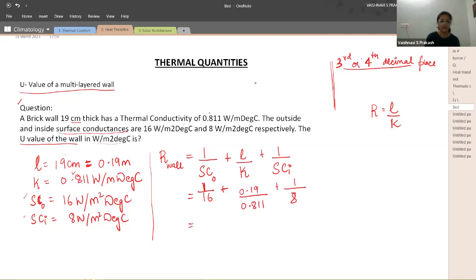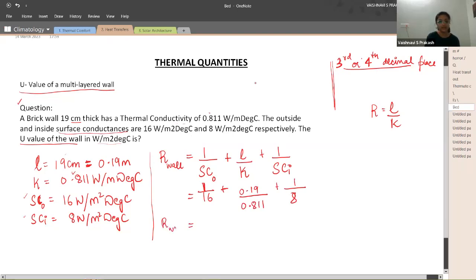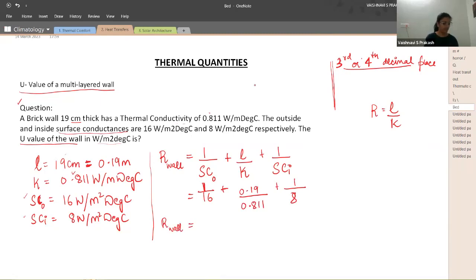What is the R value everybody got? This will be 0.0625, correct? Plus 0.19 by 0.811 will be 0.234, plus 1 by 8, which is 0.125. Have your calculators ready because next also we have some questions. What is your R value?